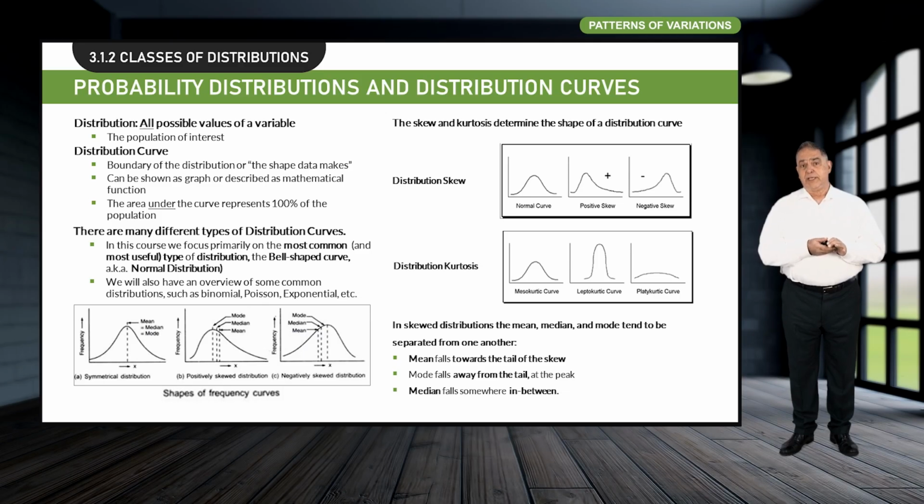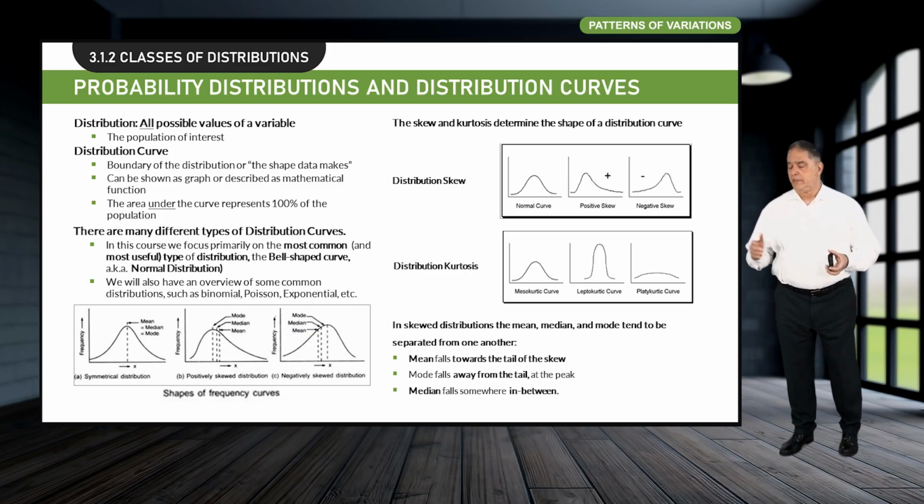Out of these hundreds of distribution curves, there's about a dozen that come up repeatedly in statistics because of their usability. And of course, out of all of them, it is the normal distribution which is the most useful and the most frequently used distribution curve in statistics and in Lean Six Sigma projects.